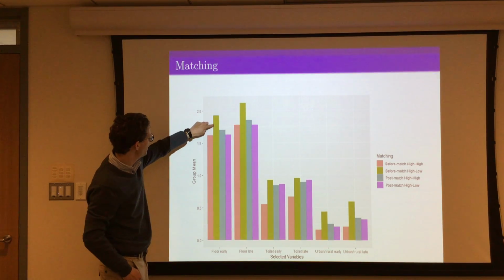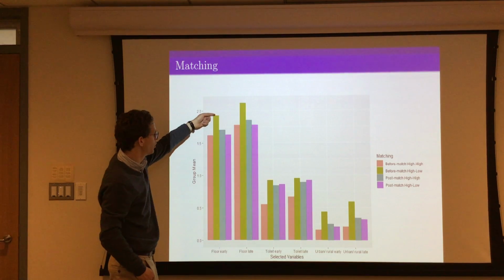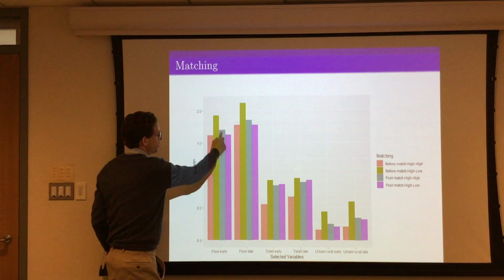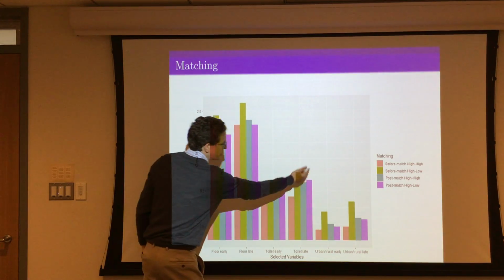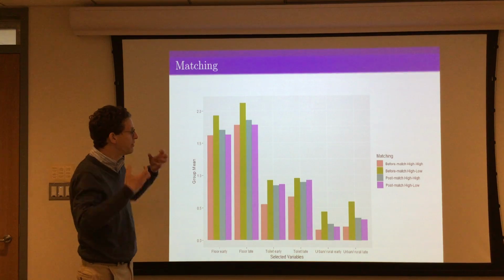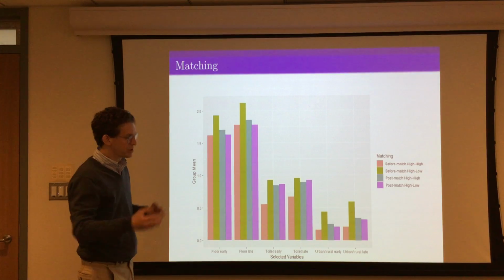So the places where it remained high in both the early and the late years had worse flooring material than those where it dropped to low in the late years. But after matching, they're very similar, and that's true for all the confounders. So the matching means we have very similar places that were high versus high-low.